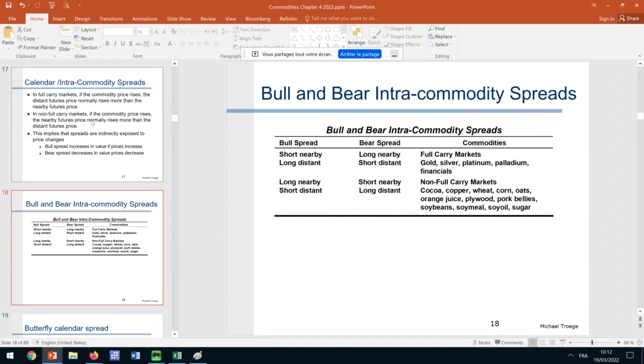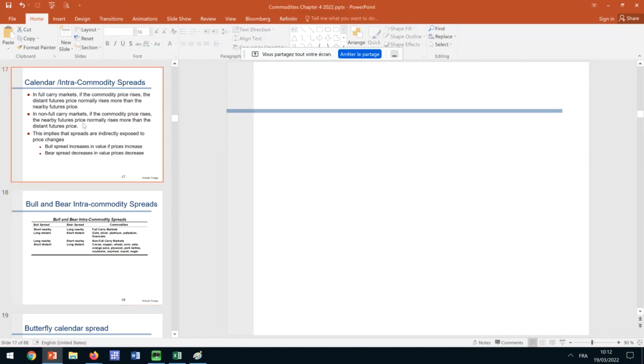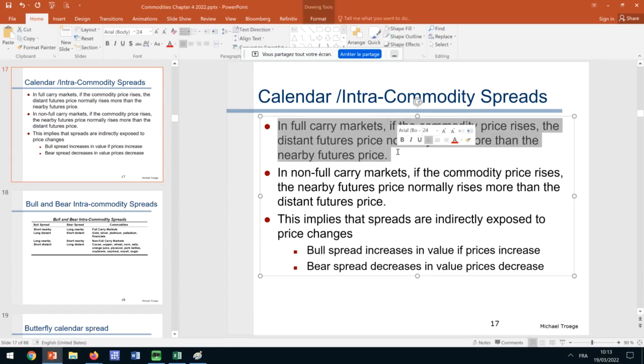Now, the traders distinguish between bull and bear intra-commodity spreads. It turns out that typically price changes are also related to slope changes. So if you have a full carry market, if the commodity increases in price, the distant futures price increases more than the nearby futures price.